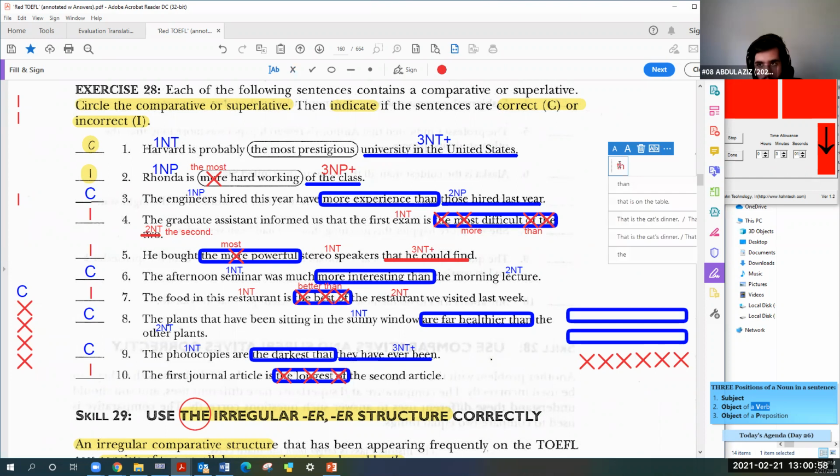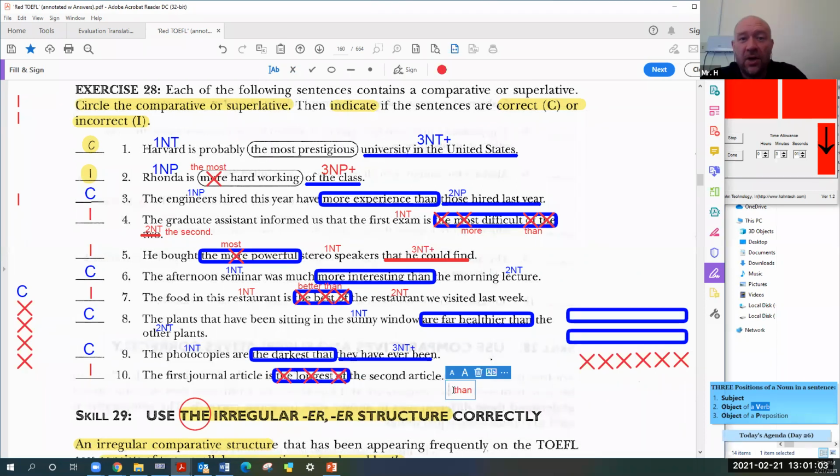So I could say, oops, I need to add longer. Longer than. There you go. Longer than the second. What are we comparing here?